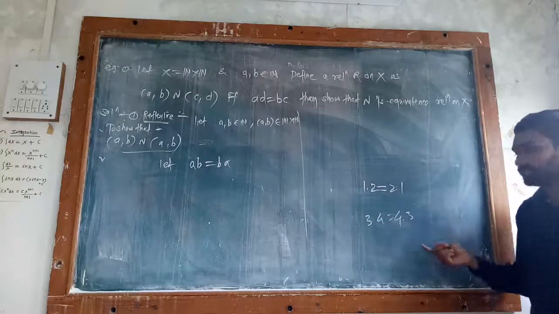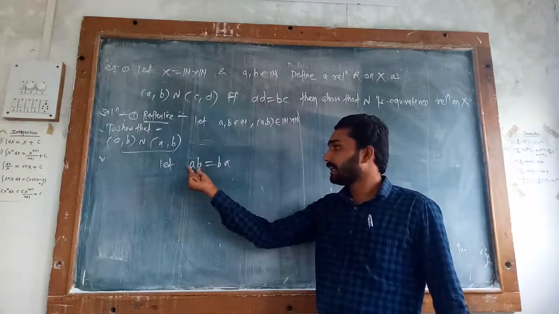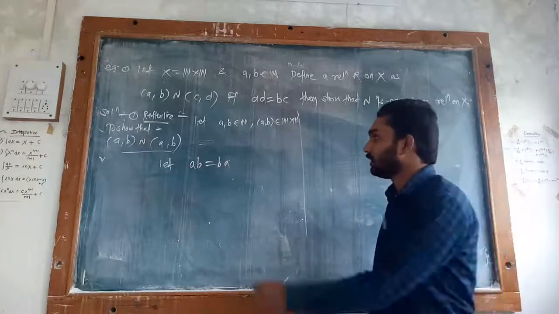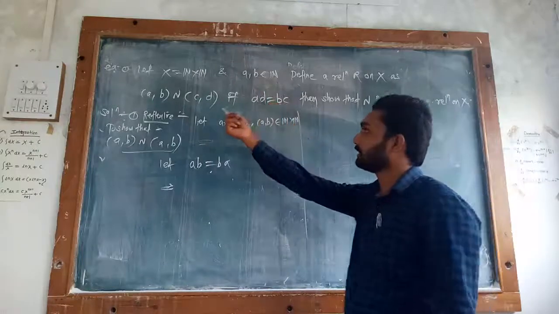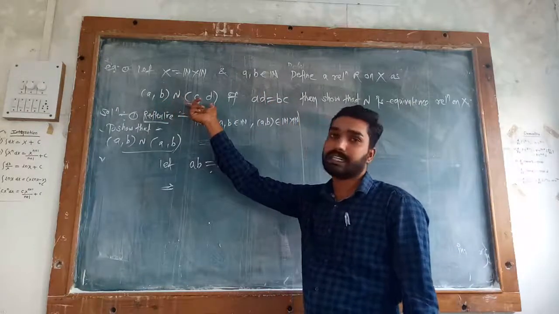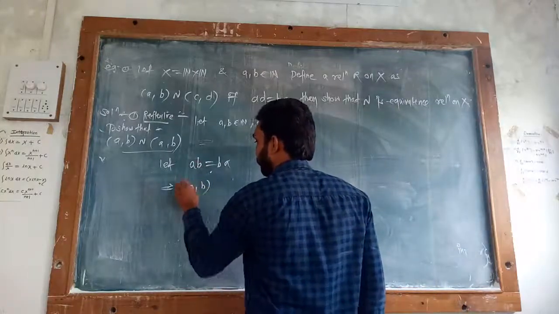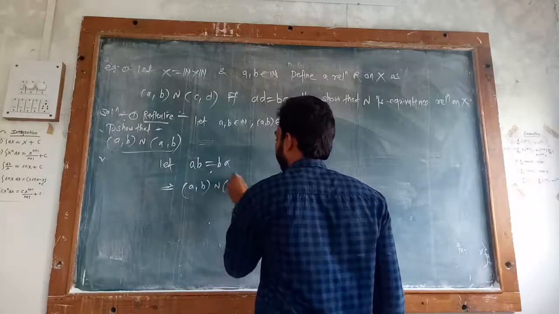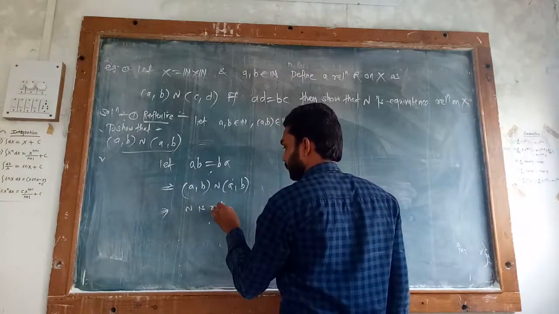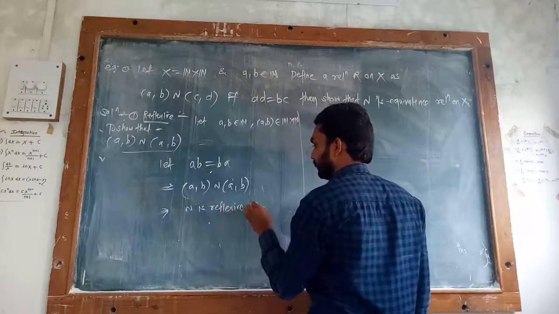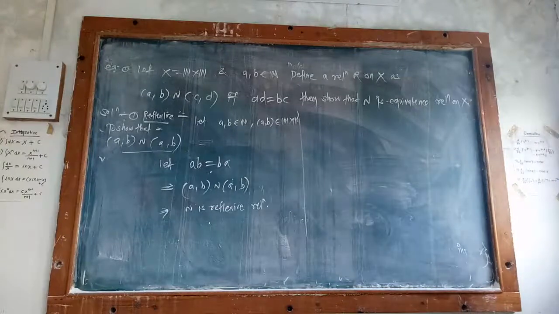Therefore, since these are natural numbers, we can write ab as ba also. So by using this relation, ad equal to bc, ab equals ba, that means (a, b) is equivalent with (a, b), right? Therefore the relation is reflexive.